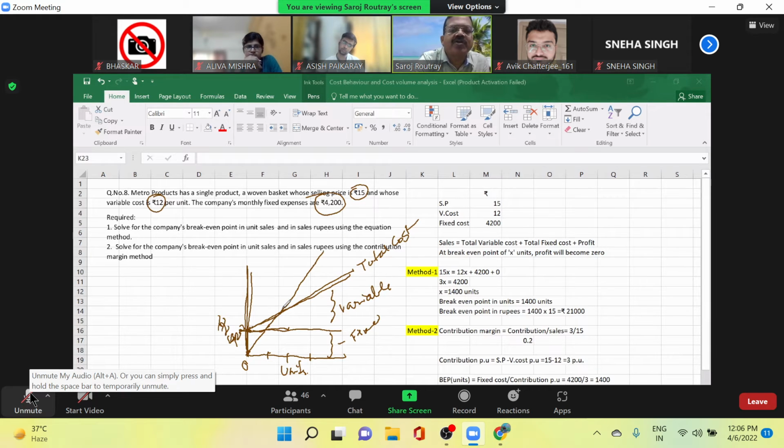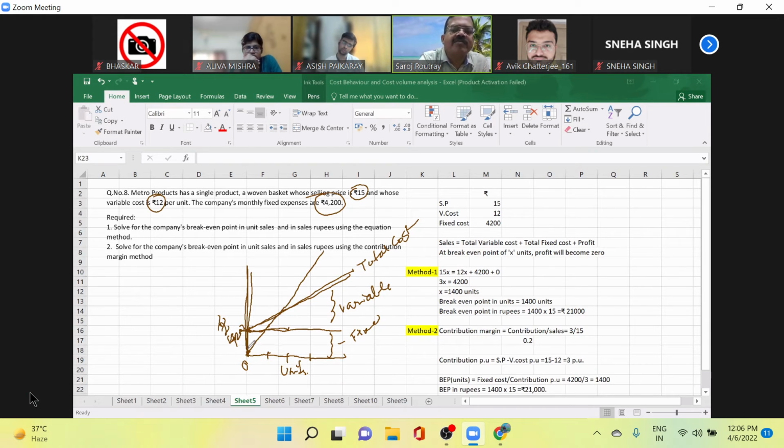So at a particular point, if my selling price is more than the variable cost, the sales line will cross the total cost line. So this is the point where your sales and cost are same. You can get this point here like this.